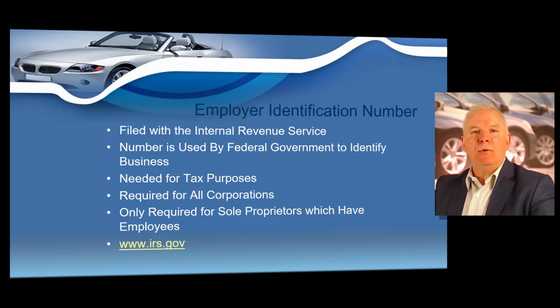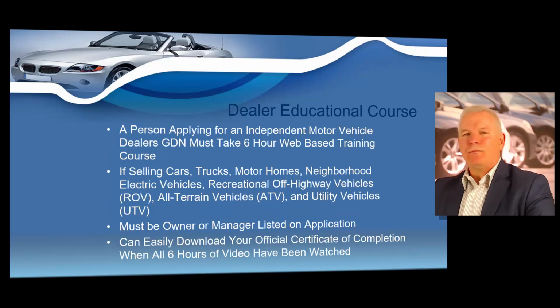That's www.irs.gov, and have your new employer identification number in a matter of moments. After you've been assigned your EIN, be sure to include it on your dealer license submission. And once again, we're going to cover this process extensively later on in your dealer course.